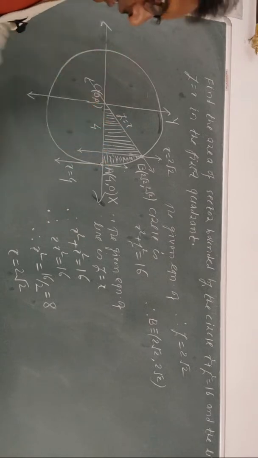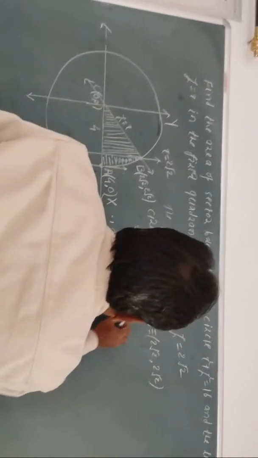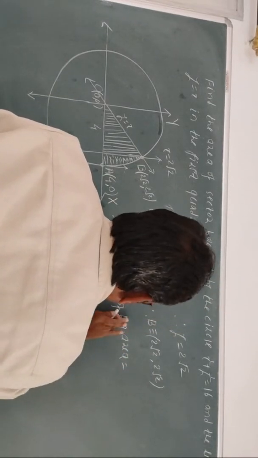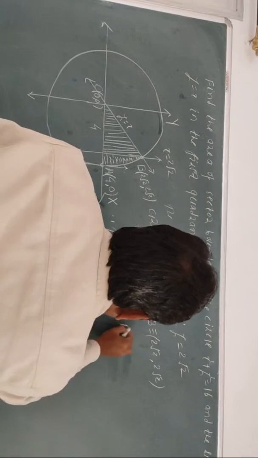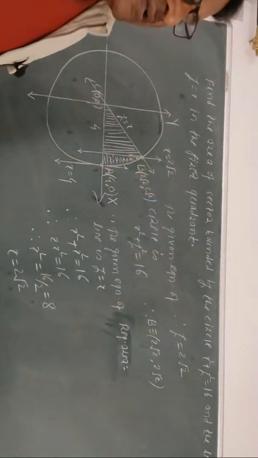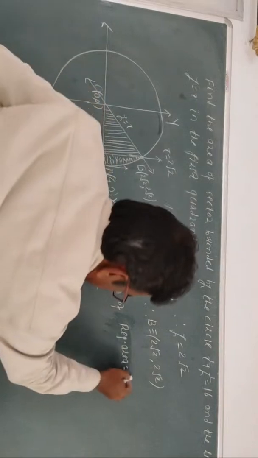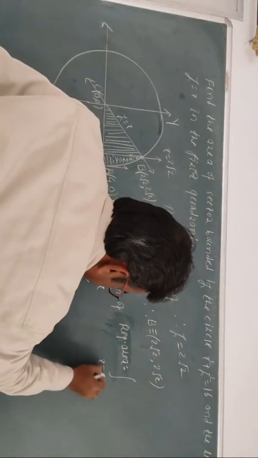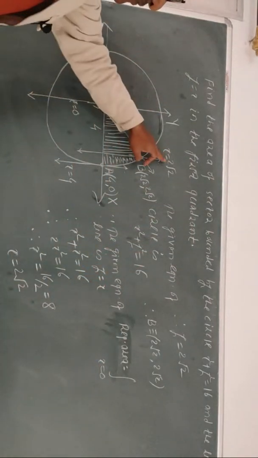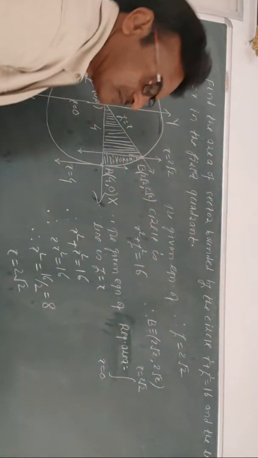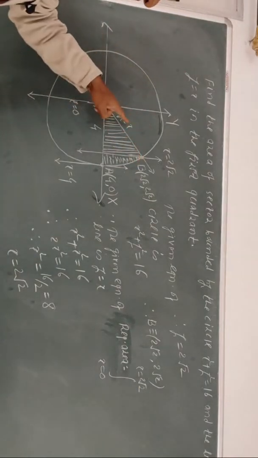So first we write the required area, which is equal to the integration within limits, that is from the y-axis, x is equal to 0, to x is equal to 2 root 2, of y of the upper curve, and y of the upper curve is x.